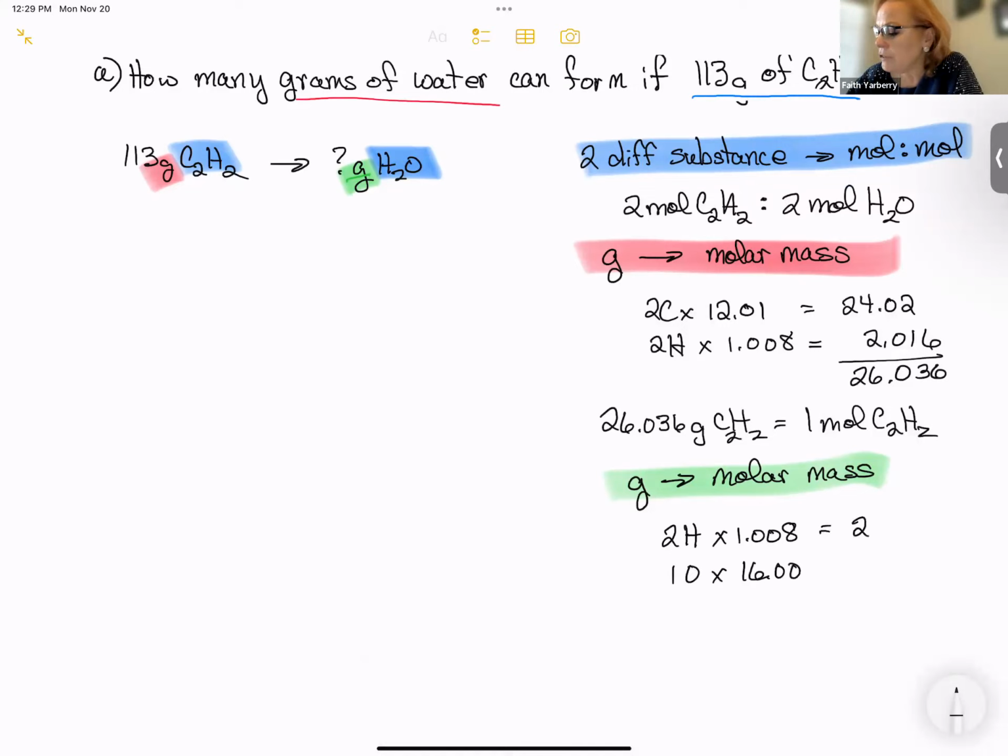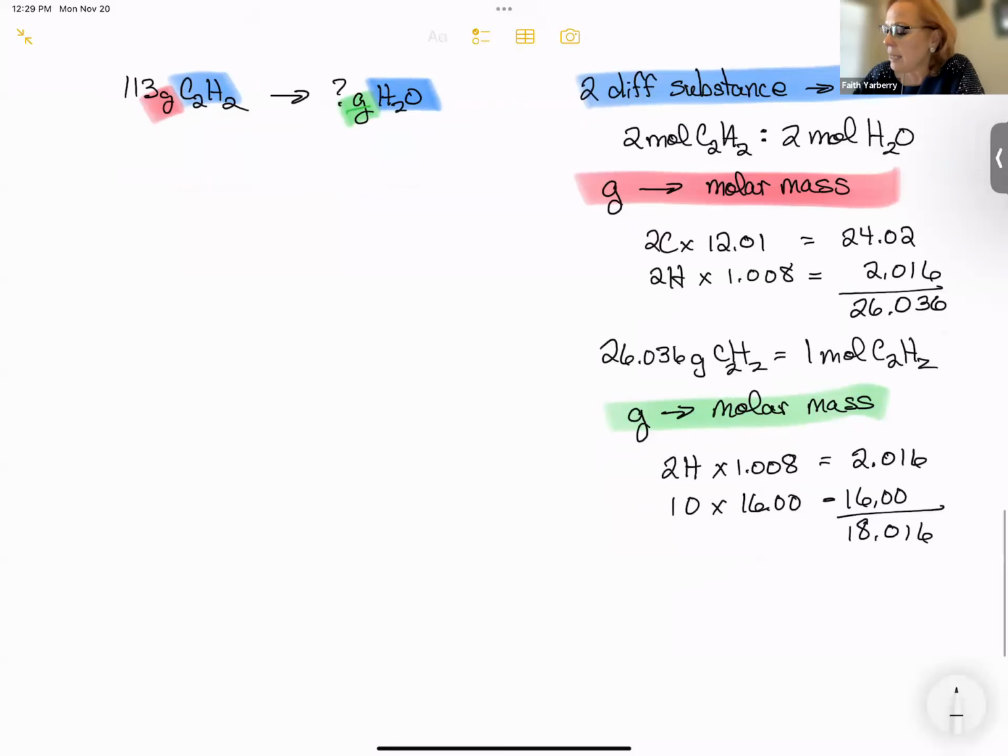That means the hydrogens contribute 2.016 to the overall mass, and the oxygen contributes 16.00, for a total of 18.016. That is, 18.016 grams of H2O is equal to 1 mole of H2O.